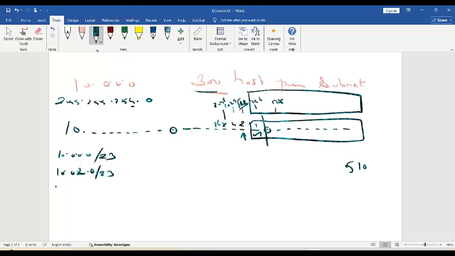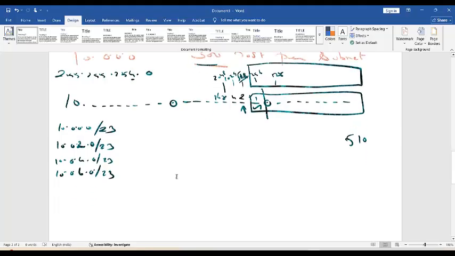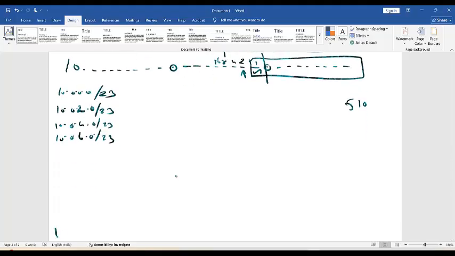So the third octet 2.0. 10.0.4.0/23. 10.0.6.0/23. Goes like that. The last 4 will be what? 10.255.254.0 we don't use. 10.255.252.0. 10.255.250.0. 248.0. 246.0.